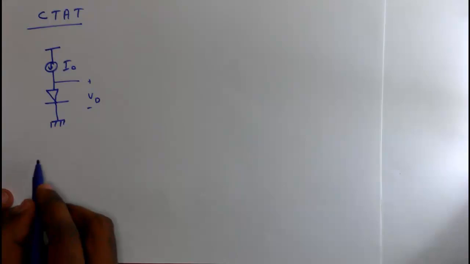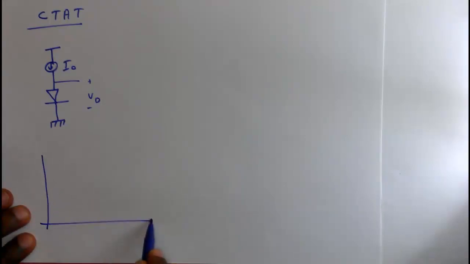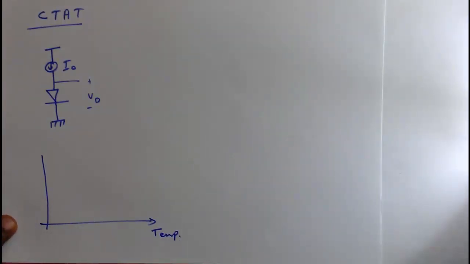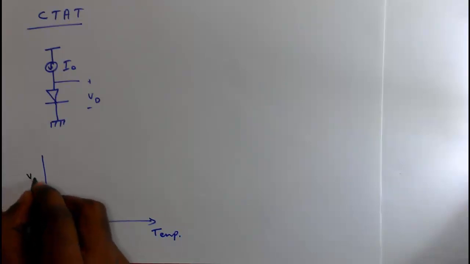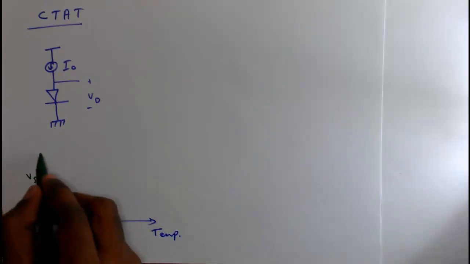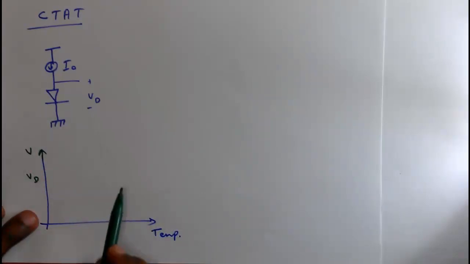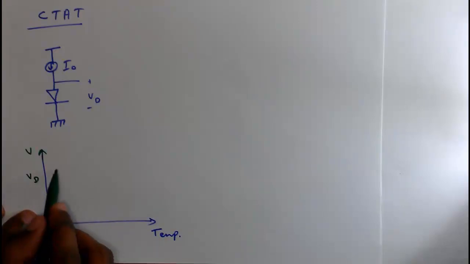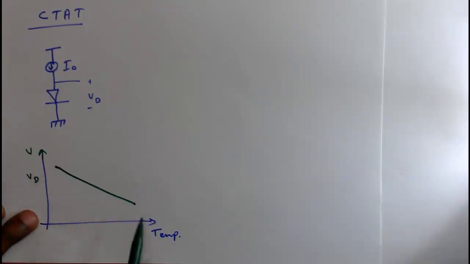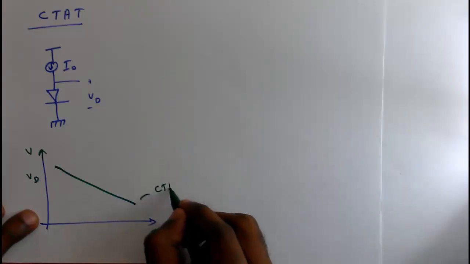That means if we plot temperature against Vd, where the y-axis is the voltage, and we vary the temperature, it is observed that the voltage across the diode is decreasing. So we can call it a CTAT.